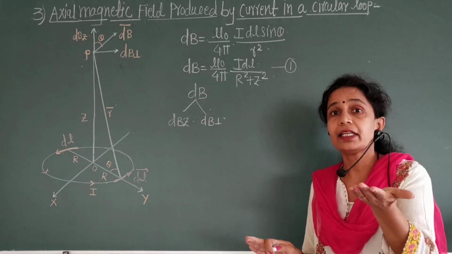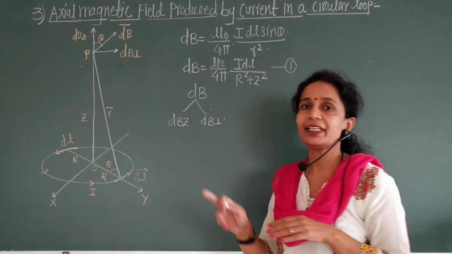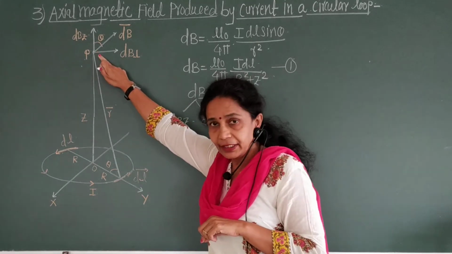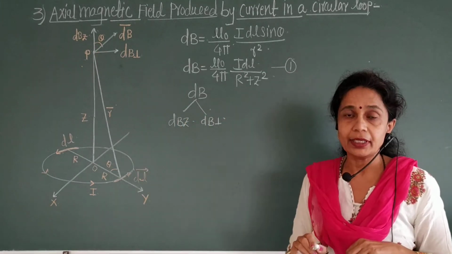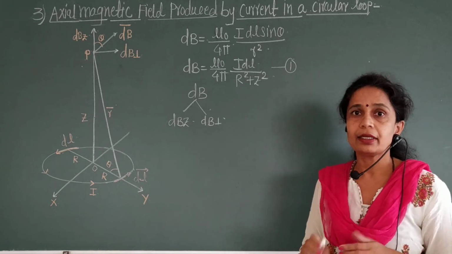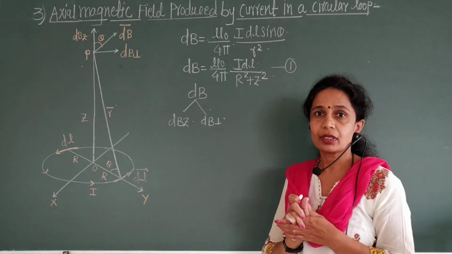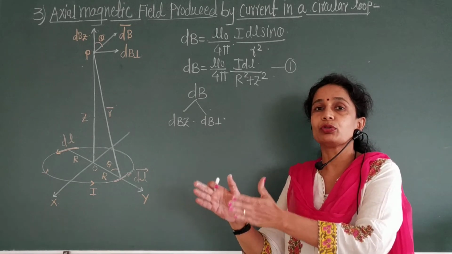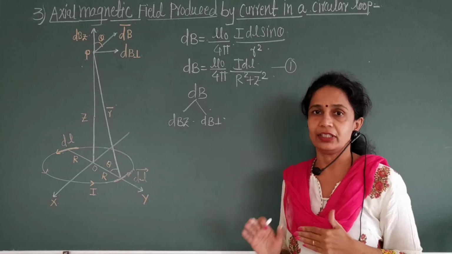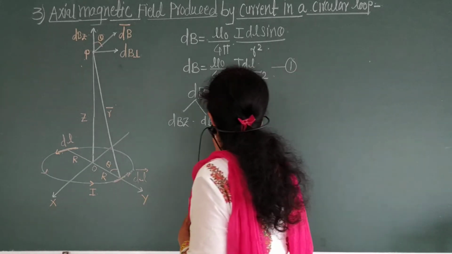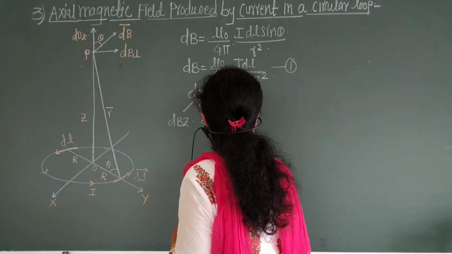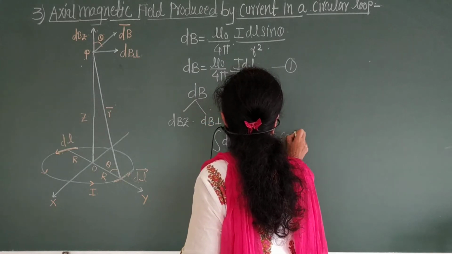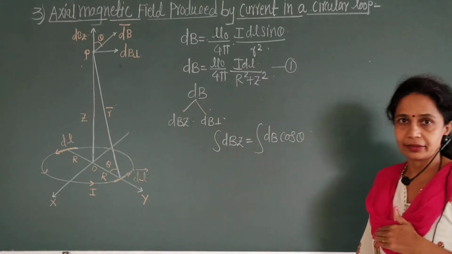The net effect is due to dBz, and therefore the net magnetic field at point P can be obtained by integrating dBz, which is equal to dB cos theta. Therefore, we get the integration of dBz is equal to the integration of dB cos theta.